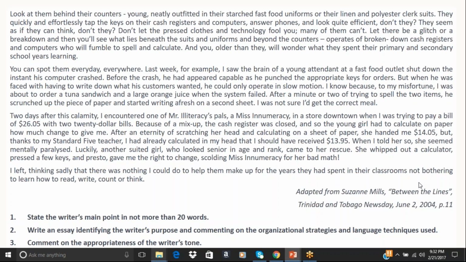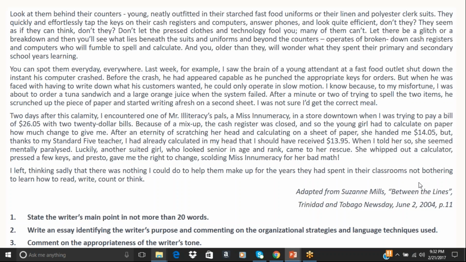Many of them can't. Let there be a glitch or a breakdown and then you'll see what lies beneath the suits and uniforms and beyond the counters. Operators of broken down cash registers and computers who will fumble to spell and calculate. And you, older than they, will wonder what they spent their primary and secondary school years learning.